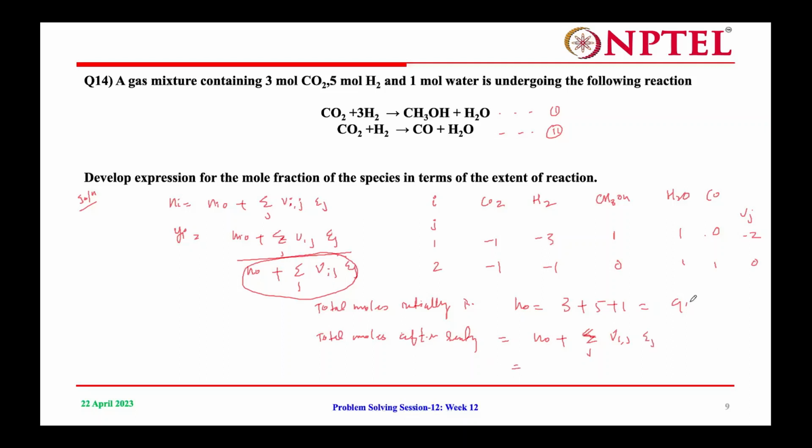So here initial moles 9, right, and the total coefficient is -2, so here is a minus sign, 2 times ε1, right, because here the other is a 0.